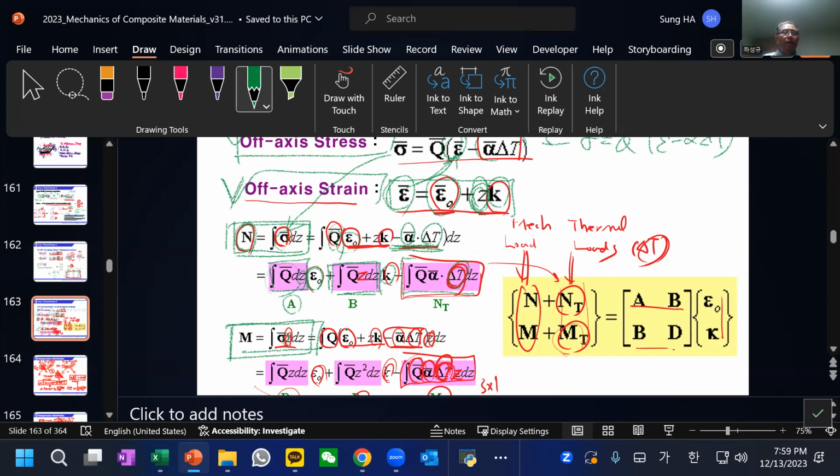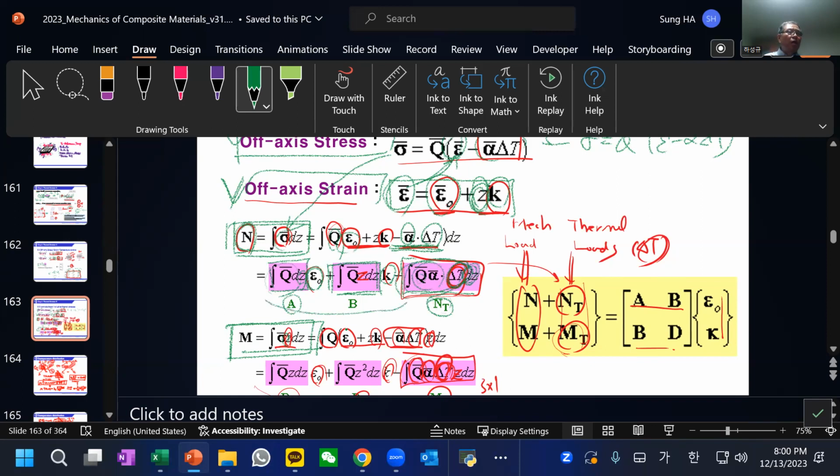And then we have these new terms. But for the new term, imagine that Q bar, alpha bar is from a given material property, and delta T is due to temperature, not mechanical. So this is what we call NT, indicating an in-plane load caused by the temperature distribution through the thickness.